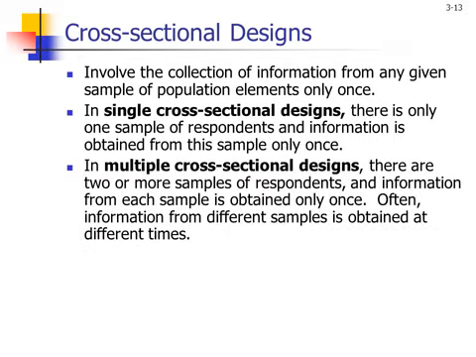But in the multiple cross-sectional design there are two or more samples of respondents and information from each sample is obtained only once. Often information from different samples is obtained at different times.